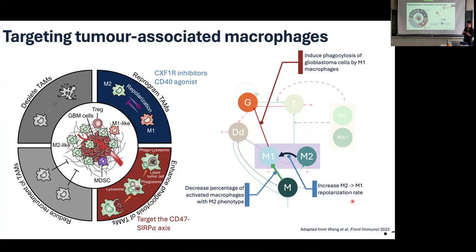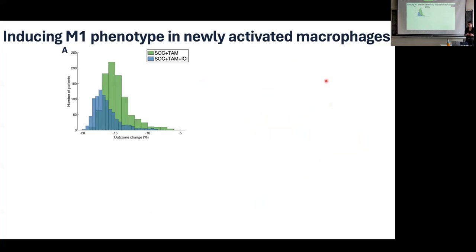There's actually a molecule under development, if I'm not mistaken, that targets the CD47-SIRP alpha axis. What this does in our model is it induces increased phagocytosis of the glioblastoma cells by M1 macrophages. Because we have a mechanistic model, we can target exactly what these drugs would do.